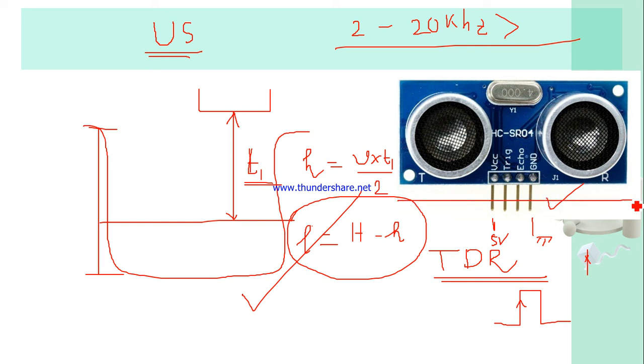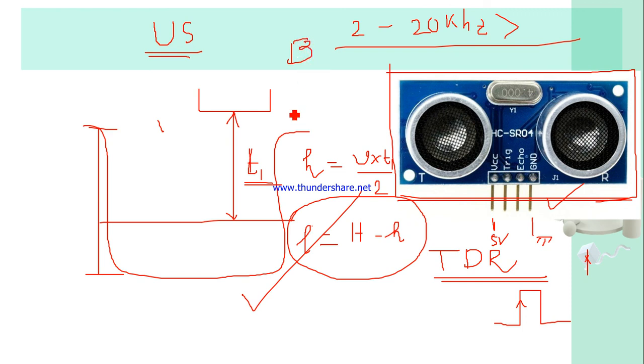For industrial purpose, a lot of other things have to be taken care of. So one setup is for the bubbler type or parts type, then the radar type and the ultrasonic sensor type. All these three types of sensors are available in my lab, and we have calibrated them, and they are giving perfect level measurement. So hope I have explained this simply, without going into the details of its implementation.